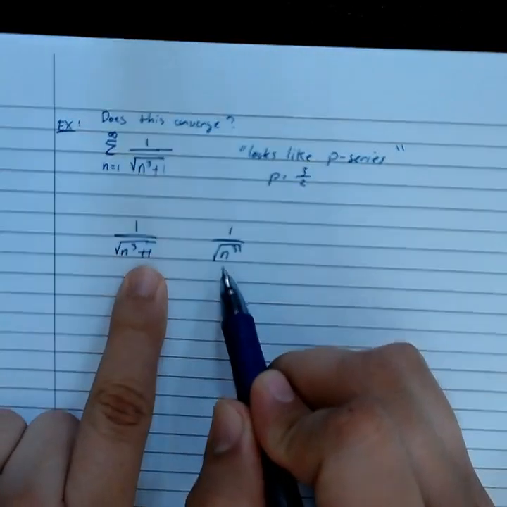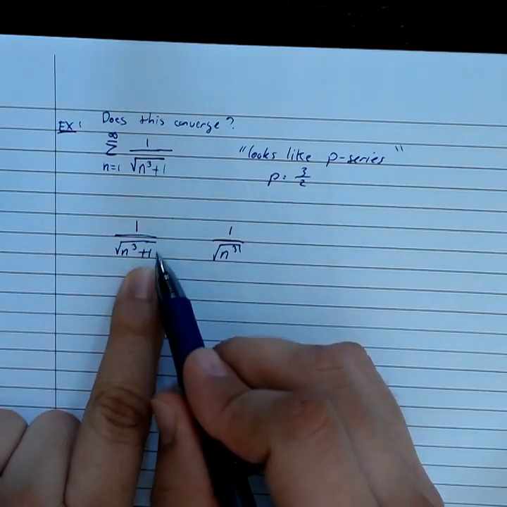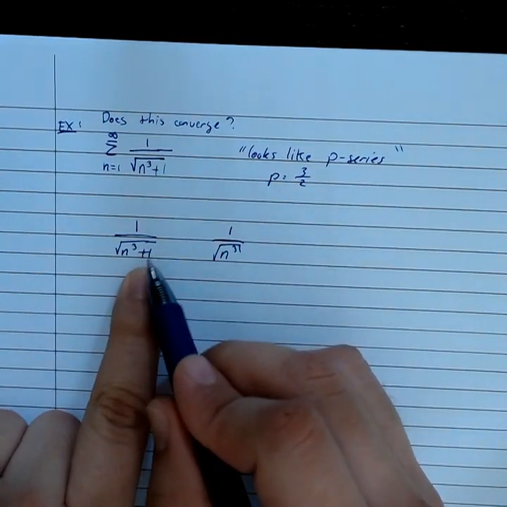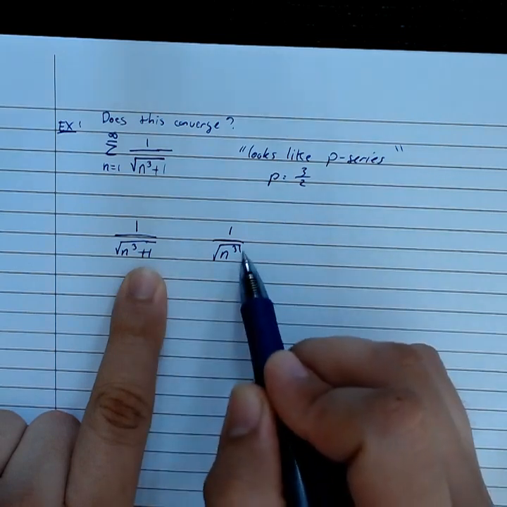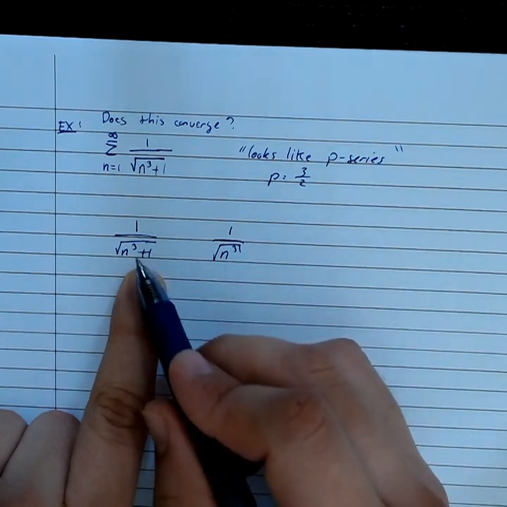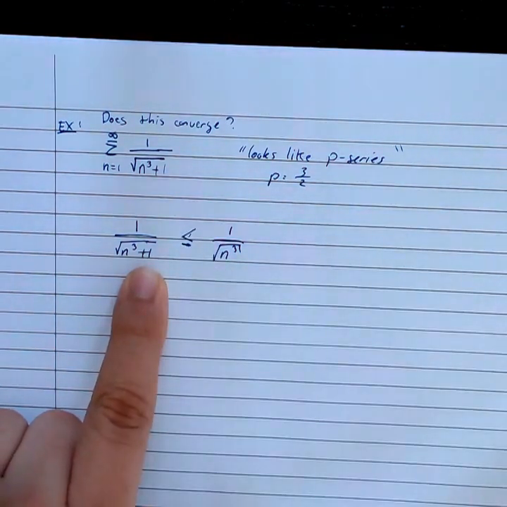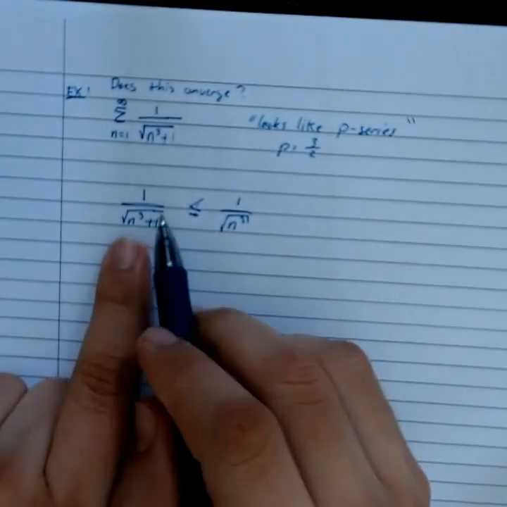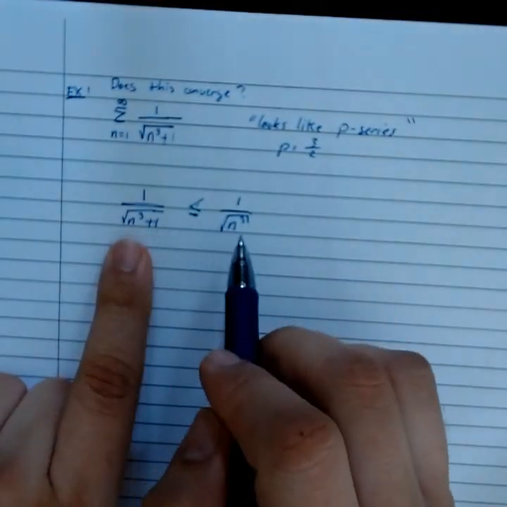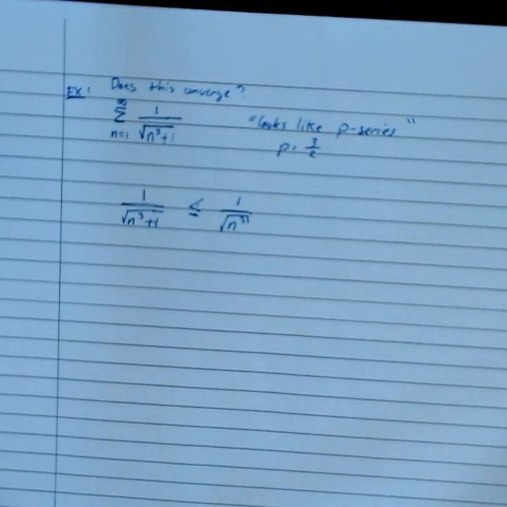Okay, well notice here, this one has a slightly bigger denominator. This has an extra plus something in the denominator where this one doesn't. So if the denominator is bigger, that means the entire thing is smaller. Okay, so this nth term is smaller than or equal to this nth term.